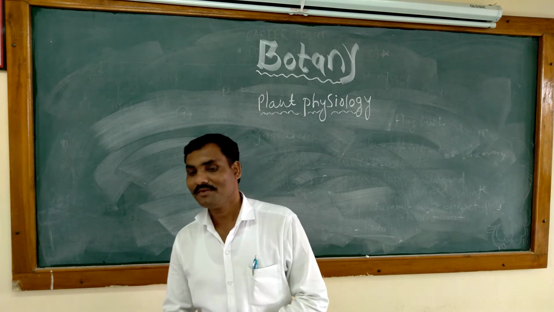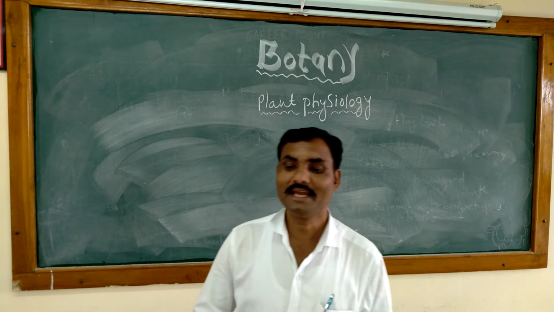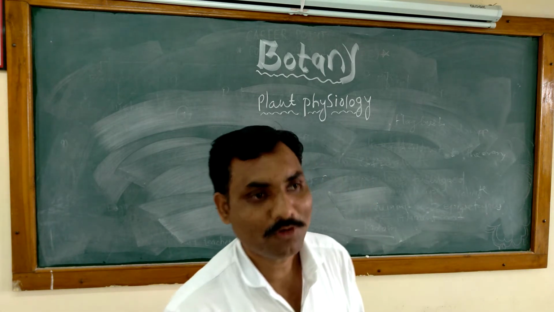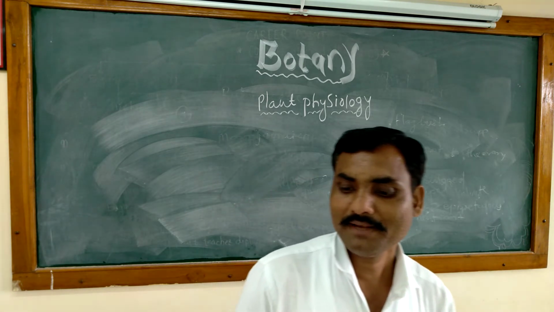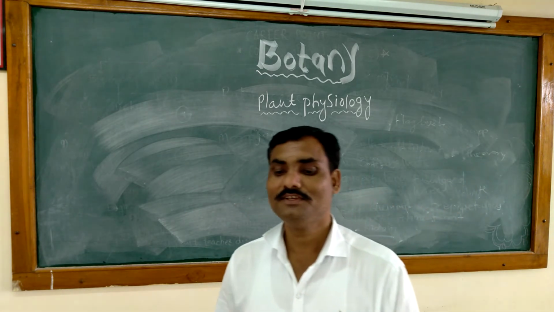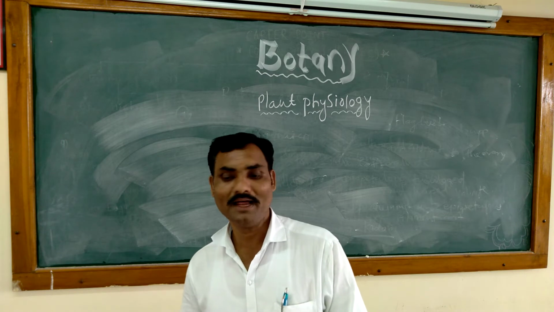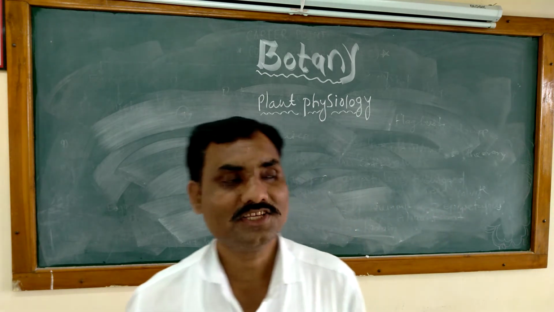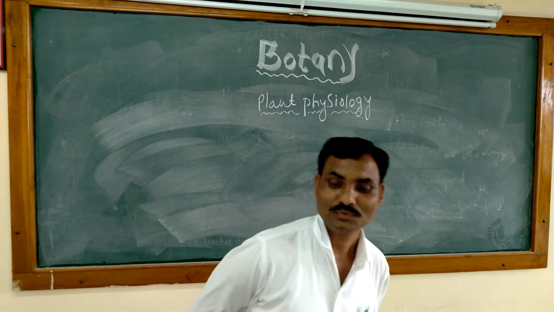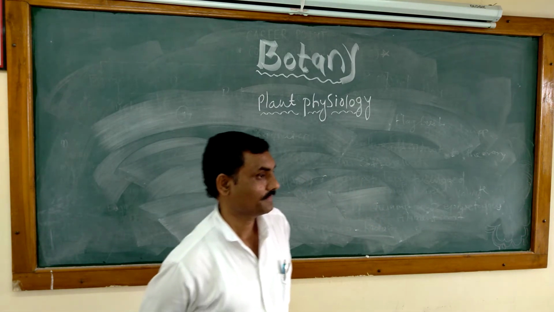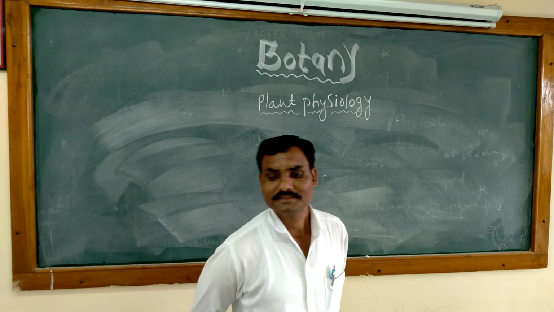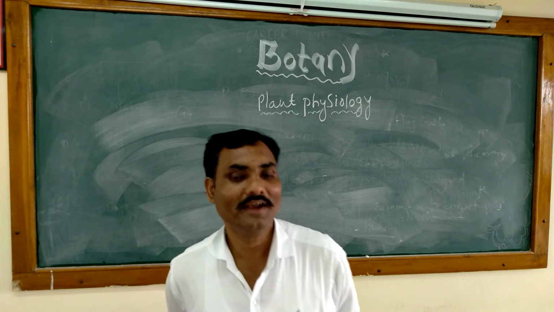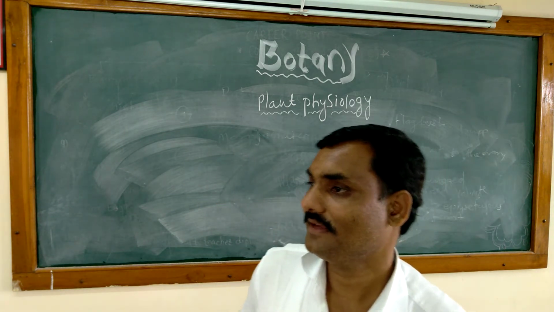The first aspect is the mechanism of plant metabolism. Then, what are the different interactions of plants with their surroundings, and why does a plant flower at certain periods in its life cycle?